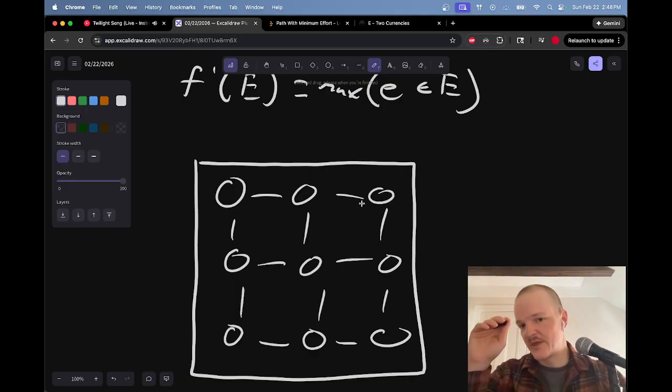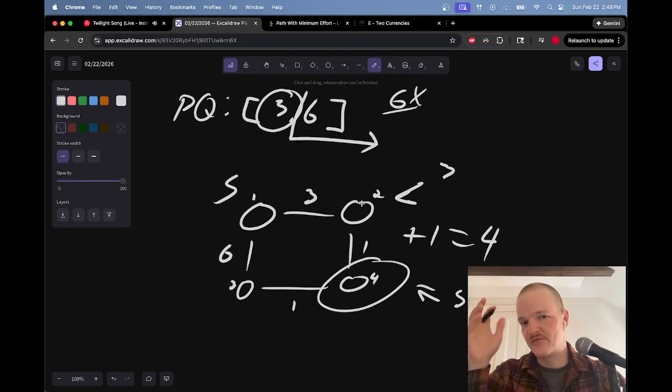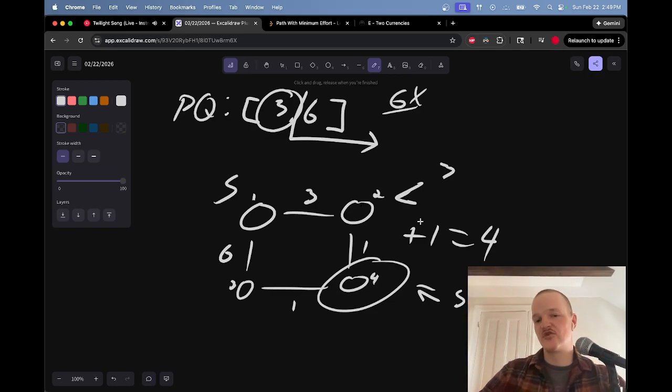Okay. Well, something I said a moment ago is that something that makes Dijkstra's work, something that makes a solution to a local subproblem also be a solution to a global problem, is the monotonicity. If you traverse through a new edge, you're only ever going to add weight. Or I guess in theory it could be 0, but that doesn't really matter, right?